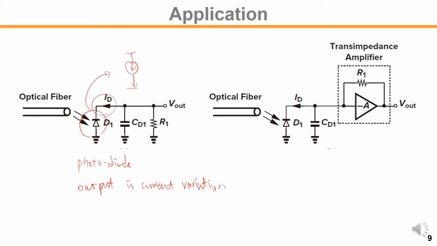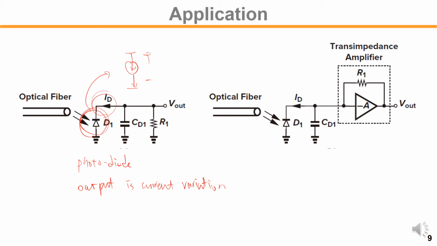Whenever it receives the light, the change in DC current would be the output. But the amount of voltage variation is so small, so the output is in current rather than voltage. Its output impedance is very large, since it is a reverse-biased diode. So the output current variation must be sensed by some kind of amplifier.